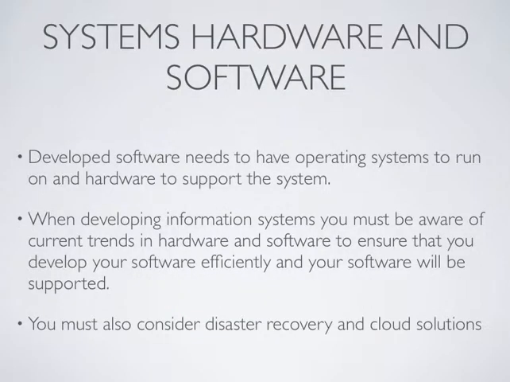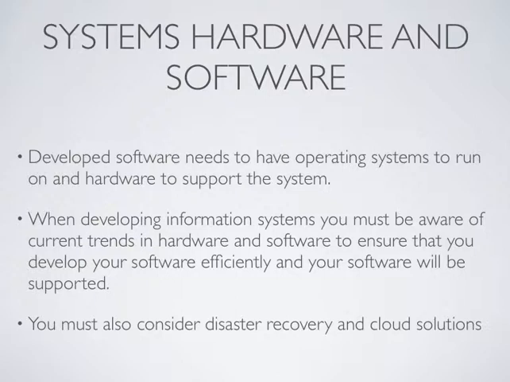As I mentioned before, all information systems need to have some sort of hardware which they're operating on. And as you know from previous studies in computer science, all software must run on an operating system. So be that Windows, be it Unix-based, be it Linux-based, whatever that system is, and that system then runs on hardware. So you need to understand the hardware side so that you know what your system is capable of running on.